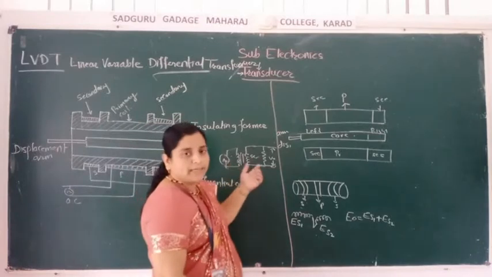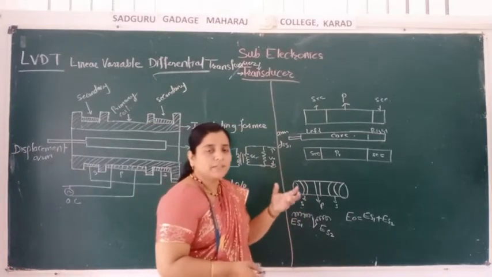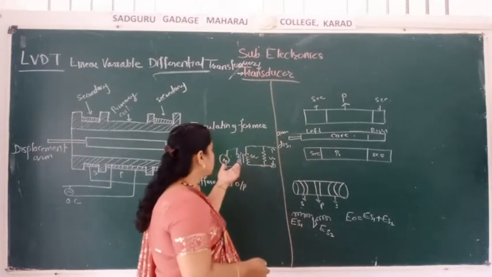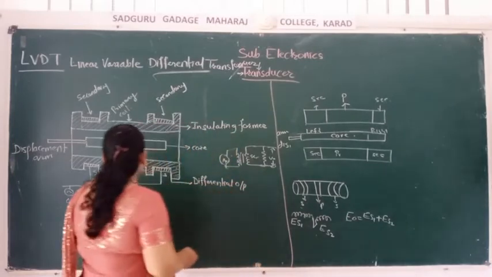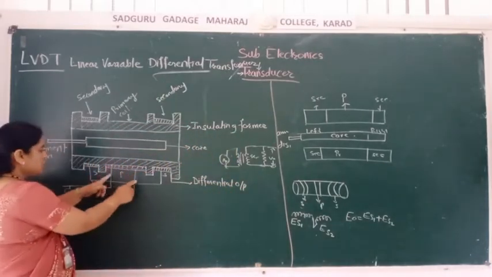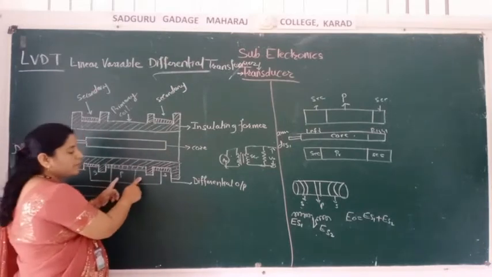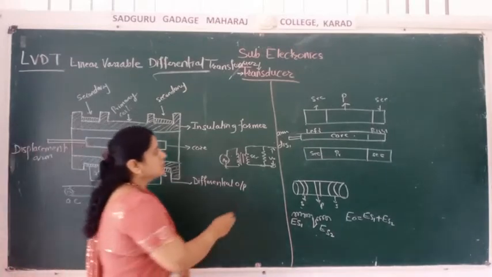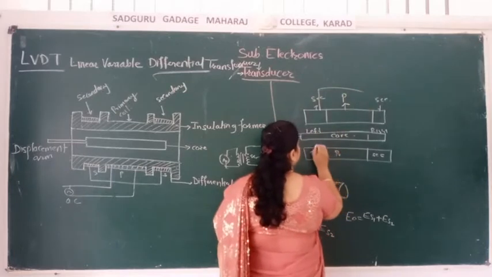There are many types of rectifier: half wave rectifier, full wave rectifier, bridge rectifier. We have seen how the transformer induces the voltage and how the primary works on the AC signal. See here in the diagram, the AC signal is given to the primary of the transformer, and see the connection, how it is. This secondary and secondary are connected.